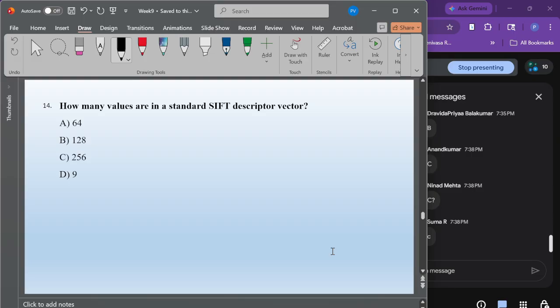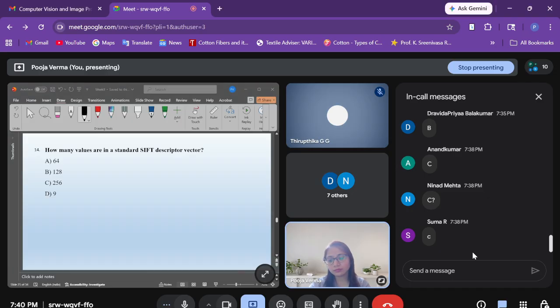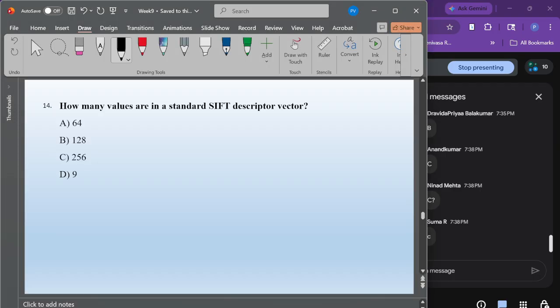Now the next question is how many values are in the standard SIFT descriptor vector. Any one of you can tell? Any idea? Okay.